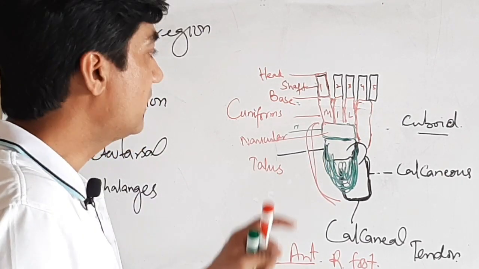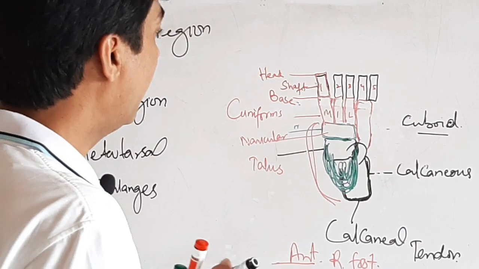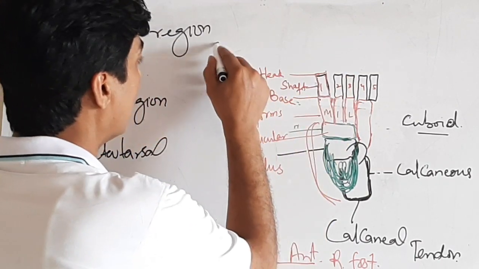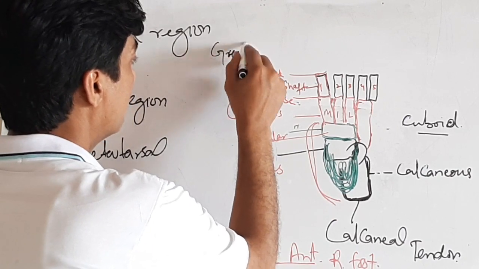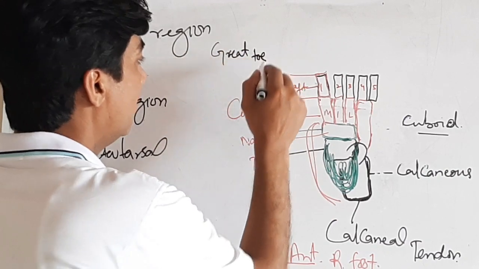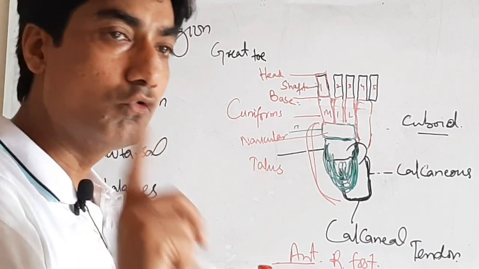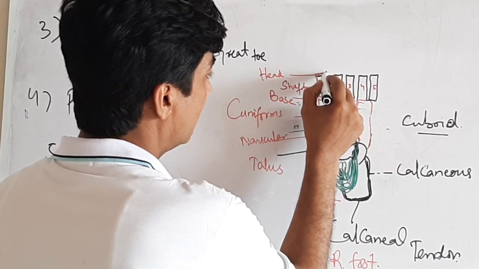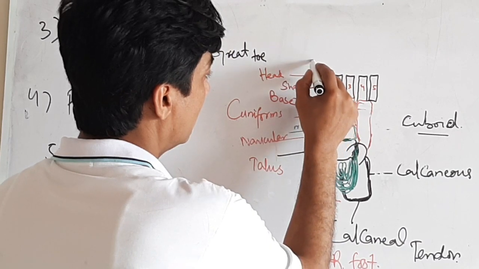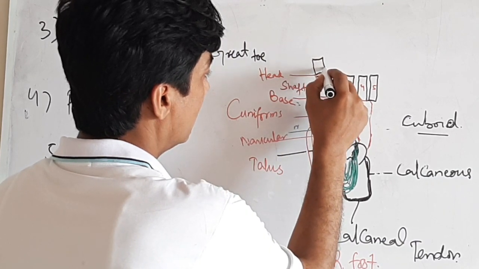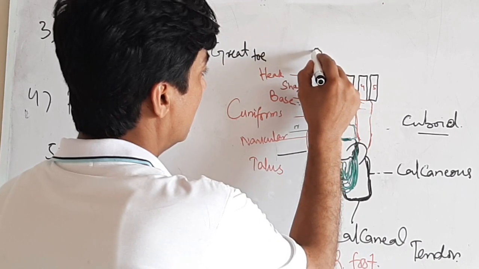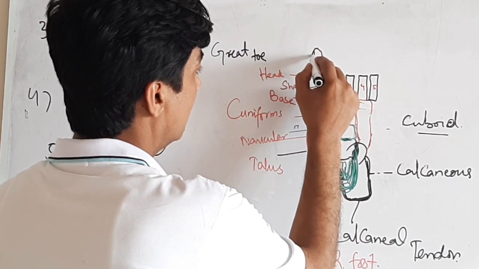Phalanges are 14 in number, and the first one, that is medially, is called the great toe, and it contains two phalanx.